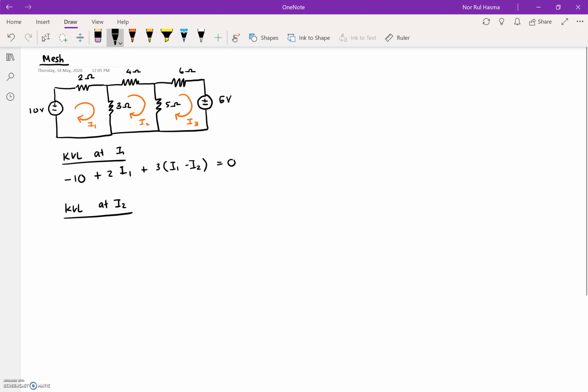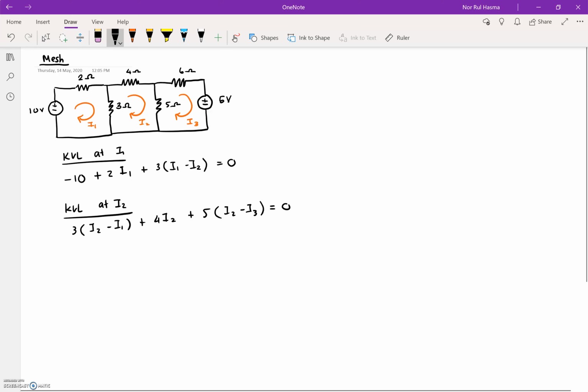Because I2 is dominant, I2 will be subtracted by I1. So I2 minus I1, plus 4 I2, and then plus 5 is sharing the current with I2 and I3, so I2 minus I3, and then it should be equal to 0.